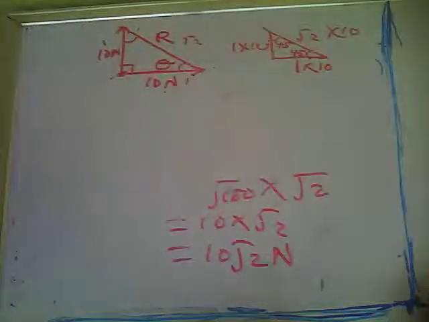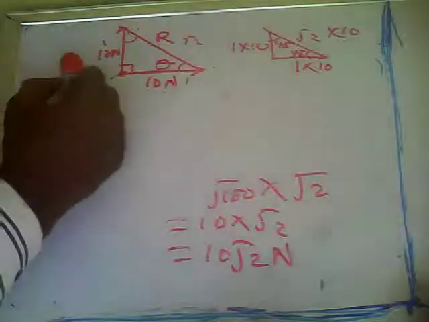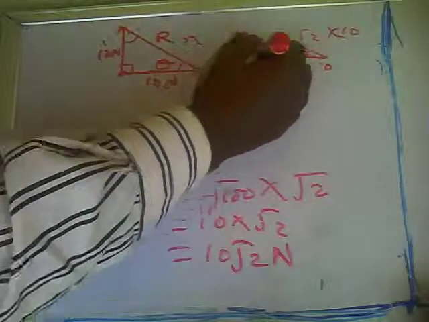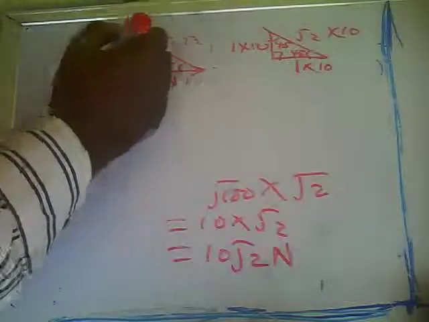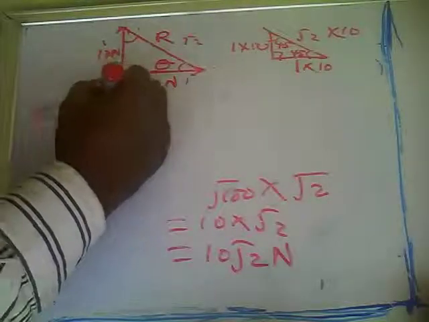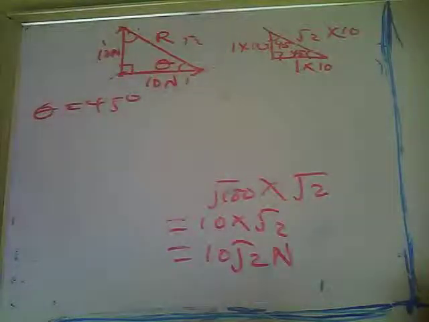We have an isosceles right-angled triangle, which has angles 45, 45, and 90. So in that case, this theta is 45 degrees.